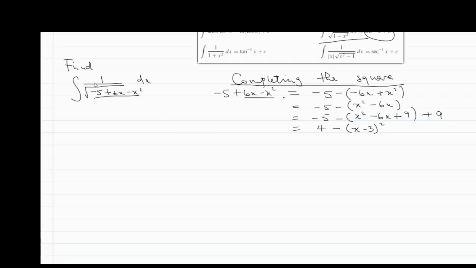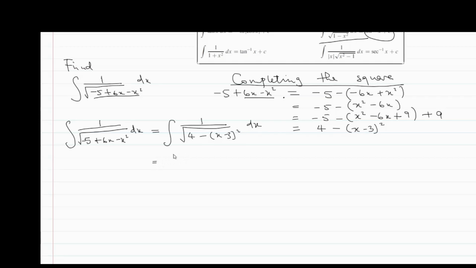So we can write this as the integral of 1 over the root of -5 plus 6x minus x squared dx. It will be equal to the integral of 1 over the root of 4 minus (x minus 3) squared. We are integrating with respect to x.